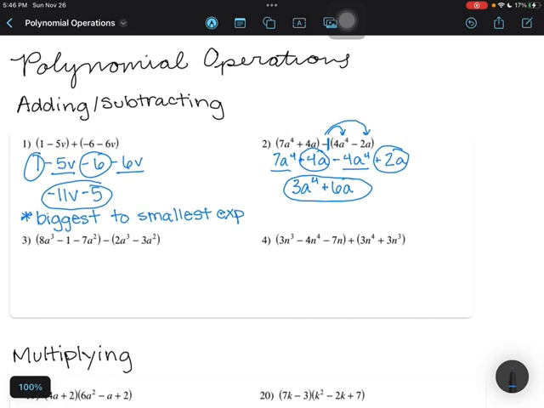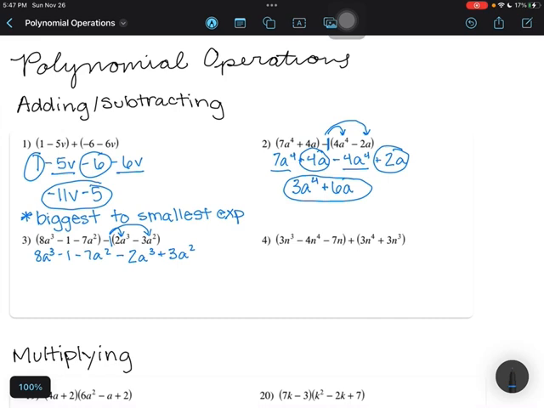So looking at this next one, it's another subtraction one. I'm going to go ahead and write down the terms in the first one. And then in the next one, I have that negative 1 that I'm going to distribute. This means I have negative 2a to the third and plus 3a squared. And now, again, I'm going to look for my like terms.